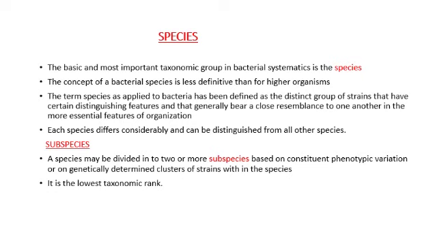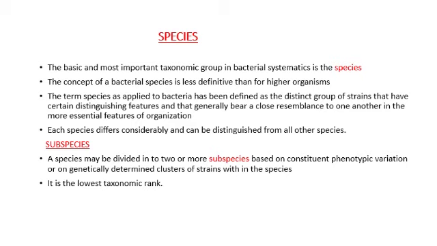The term species, at the level of bacteria, refers to a distinct group of strains that have certain distinguishing features and a close resemblance to one another, which is essential for the organization. The species has close resemblance to one another.